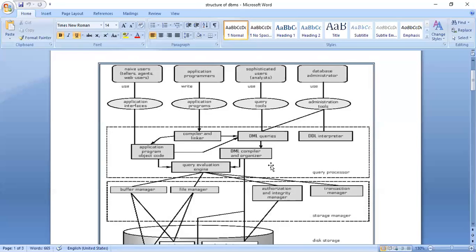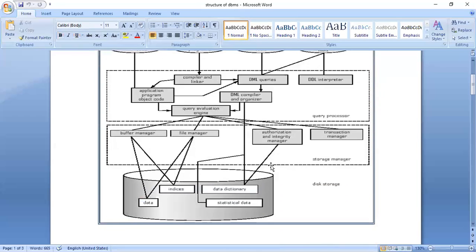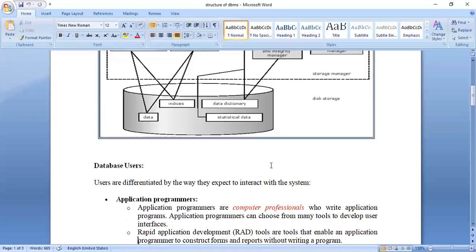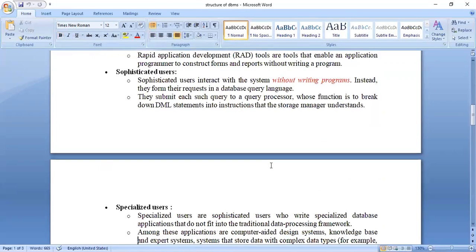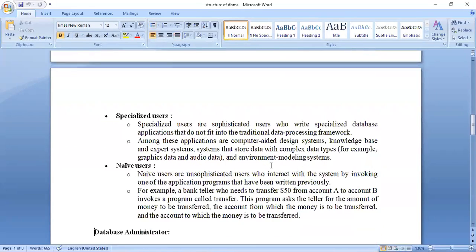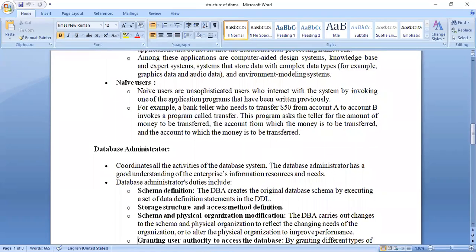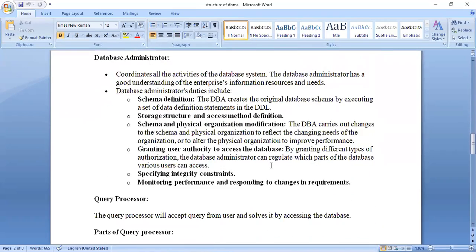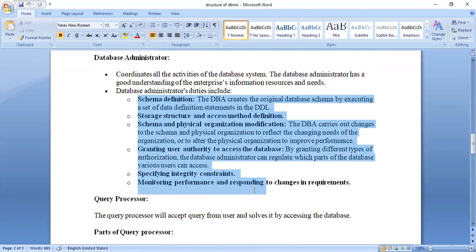So what is the basic job or work of a database administrator that we should see? The database administrator is one of the database users. The major duties carried out by a database administrator are these.